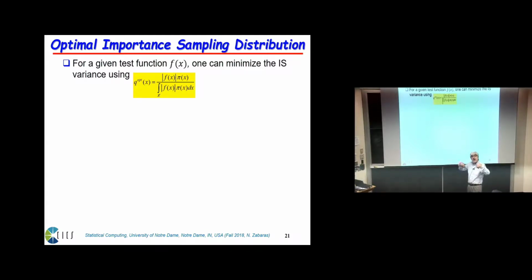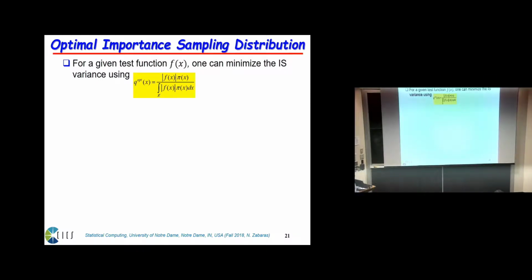So minimize the variance. So we want to minimize the variance of the estimator. All right? So guess what? The Q that minimizes the variance of the estimator is actually the absolute value of f times pi divided by the integral over the domain of pi of the absolute value of f times pi. And that is the optimal distribution that minimizes the variance of the estimator.